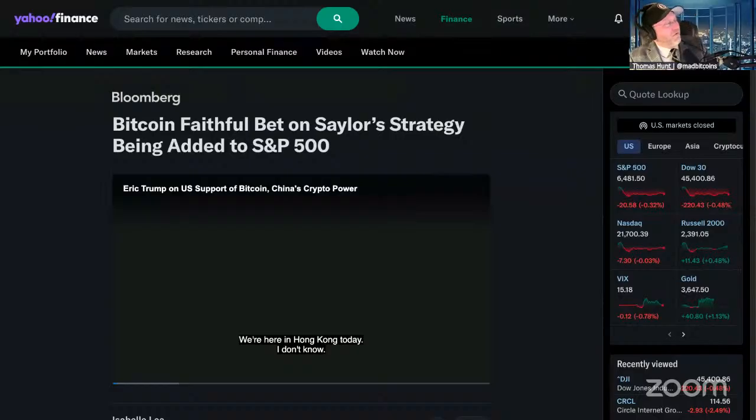But moving on to issue 2, Bitcoin faithful bet on Saylor's strategy being added to the S&P 500. MicroStrategy stock hasn't gone up like it used to, and now they're even using it to buy more Bitcoin. But that doesn't matter to Wall Street, who say they're going to add MicroStrategy to the S&P 500 today in just a few hours.